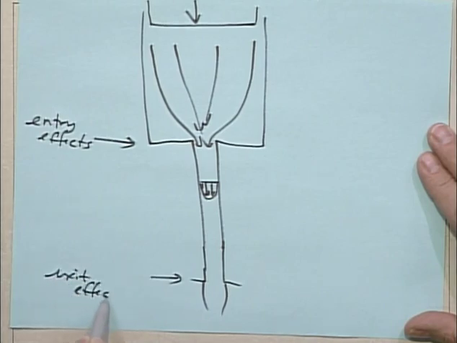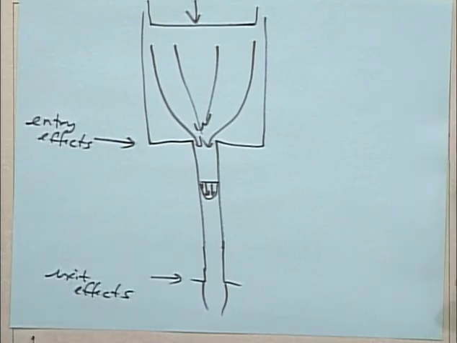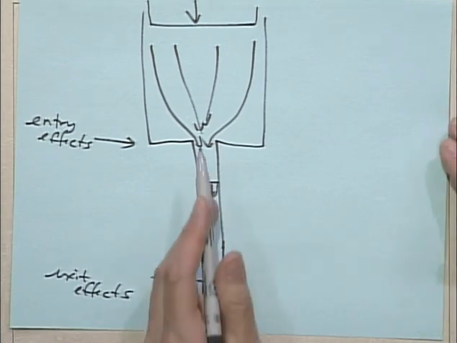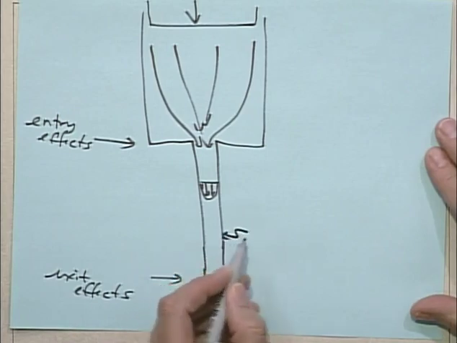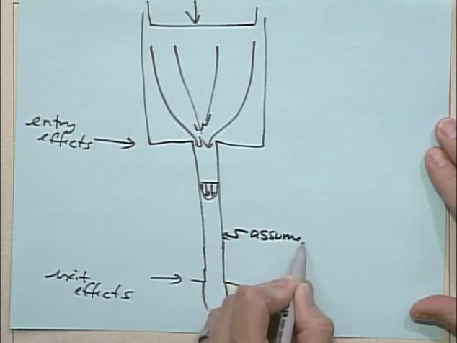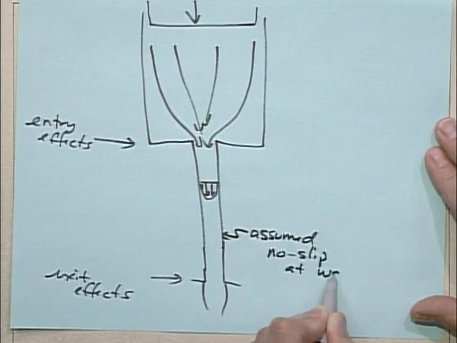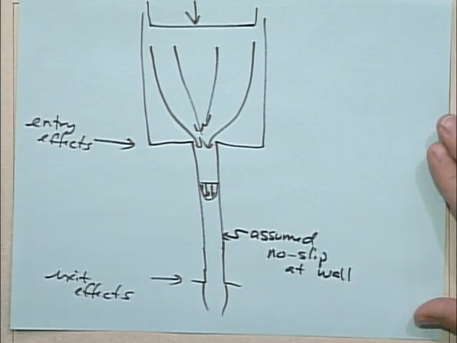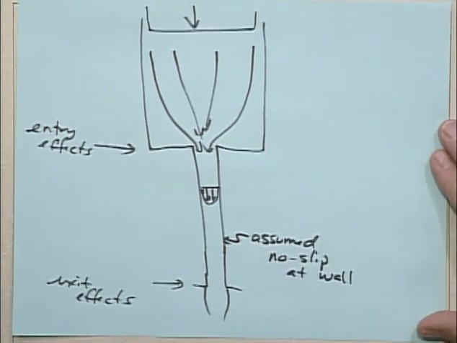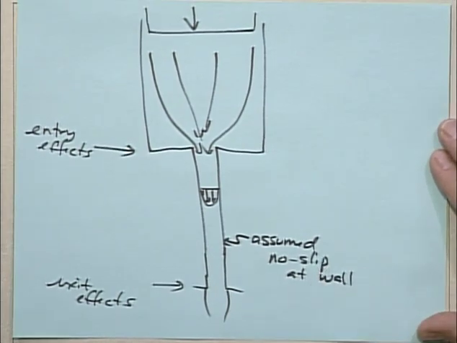And we're going to talk about how to take those into account. There's also, during our analysis, we assumed no slip at the wall. And that's mostly true, but there are times that that's not true as well. And I'll talk a little bit about that.